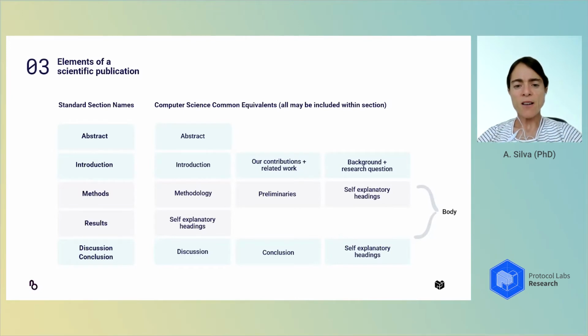But no matter what you find in the paper you're either reading or going to be submitting to, the types of information expected within those different namings, those equivalents, is exactly the same. So what I'm going to give you as solutions for how to write an introduction, method, result, and discussion will have an immediate application to the variations in computer science or in any other field. Are you with me?